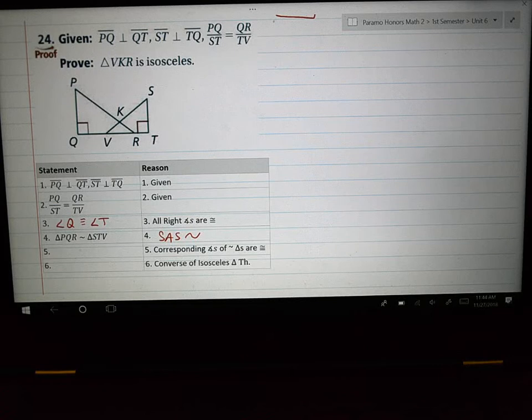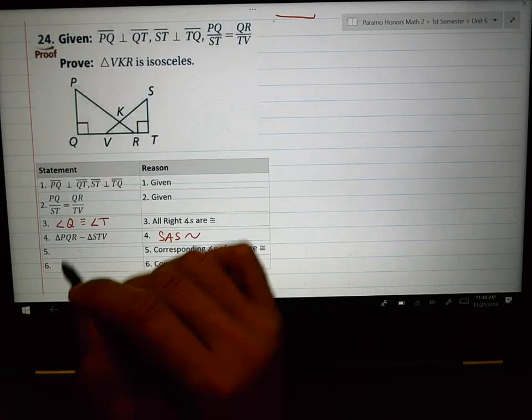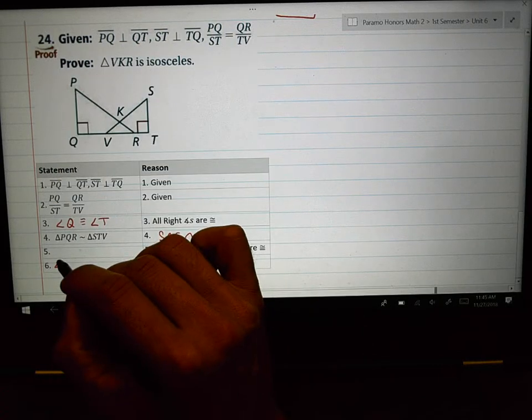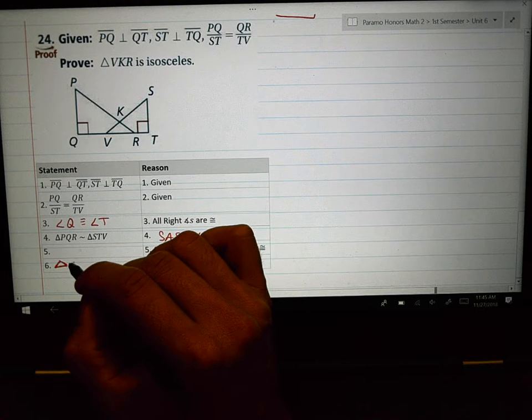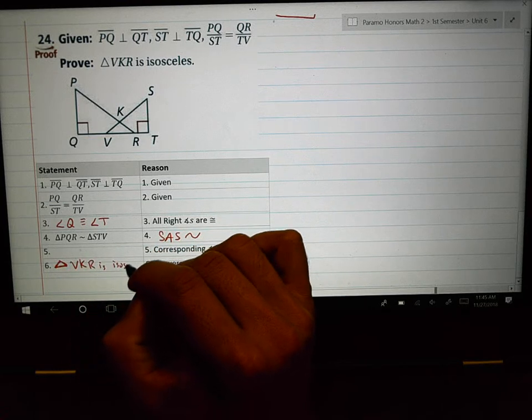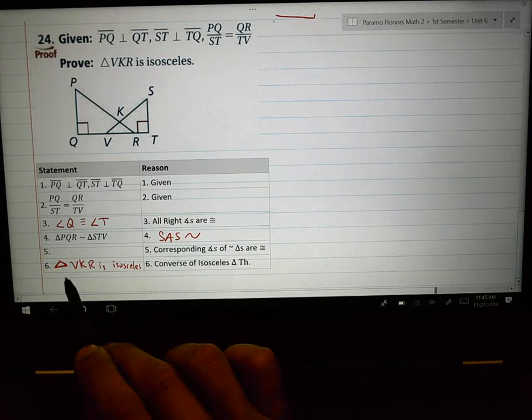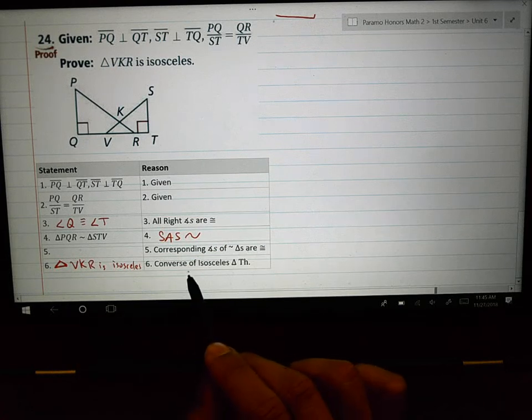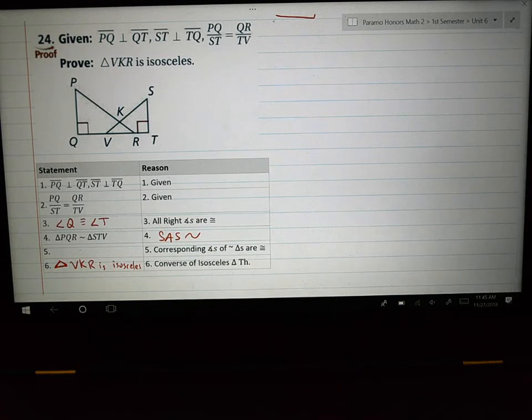Now the whole thing that we're trying to prove, number 6. I'm going to skip to 6. Triangle VKR is isosceles. That's what we're trying to prove. And we're going to use the converse of the isosceles triangle theorem.